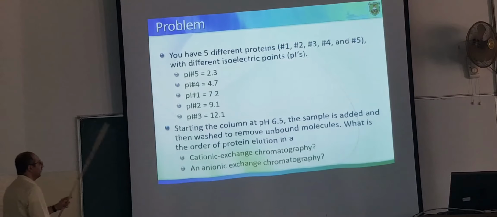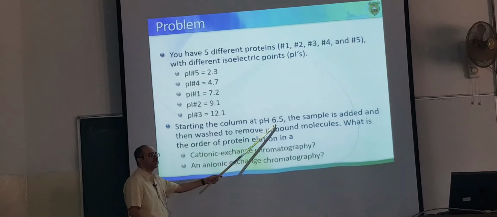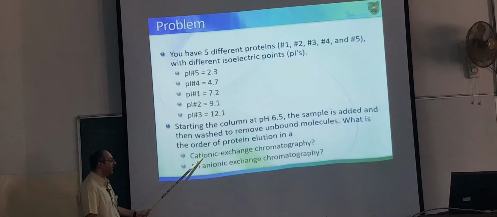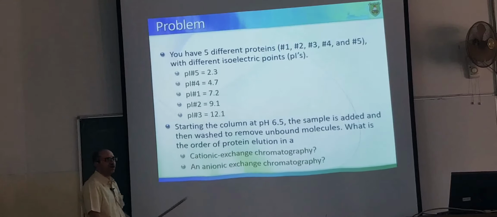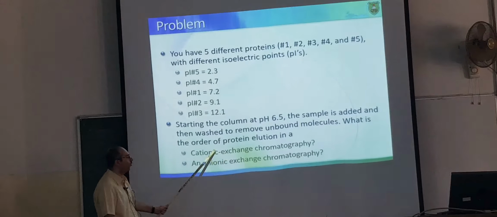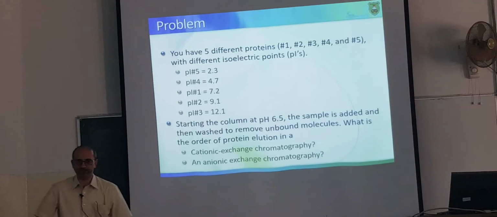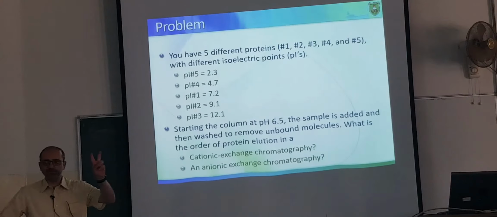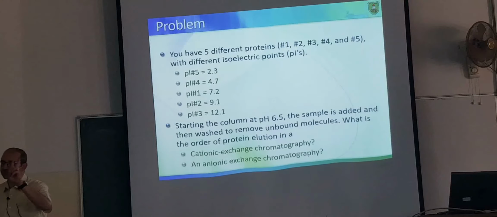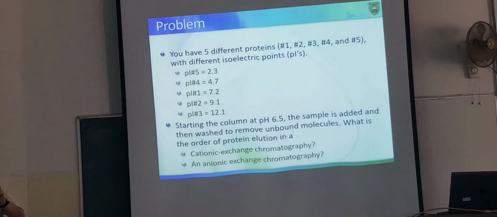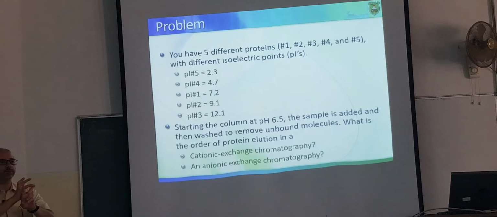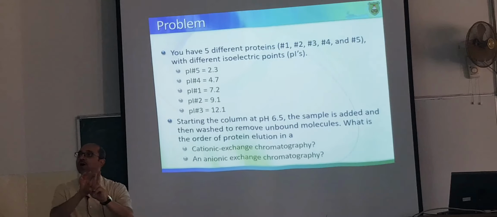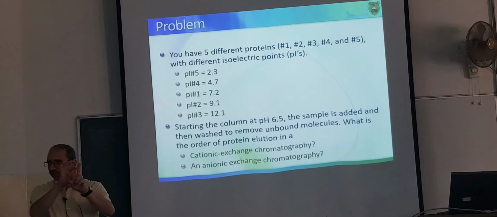We have these proteins. We start a column at pH 6.5, and we do cationic exchange chromatography and anionic exchange chromatography. Let's start with cationic exchange chromatography at 6.5. I have 2 stages: washing and elution. Washing means I'm washing out the unbound proteins.